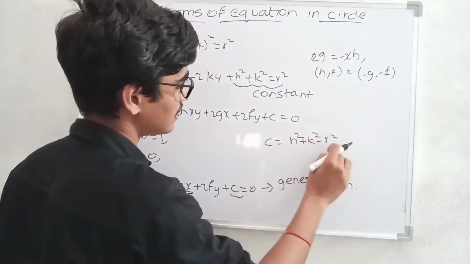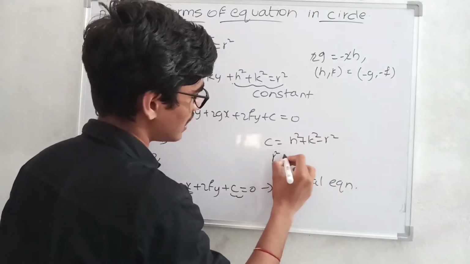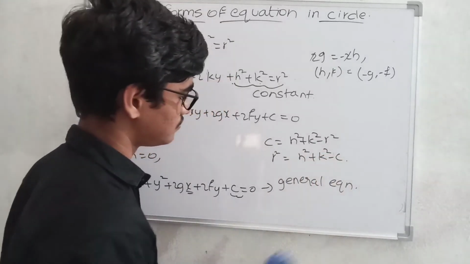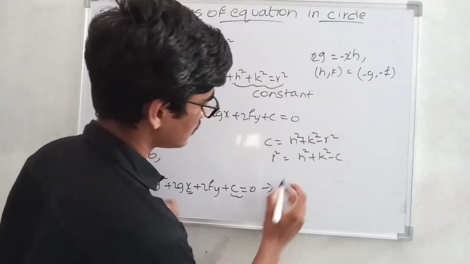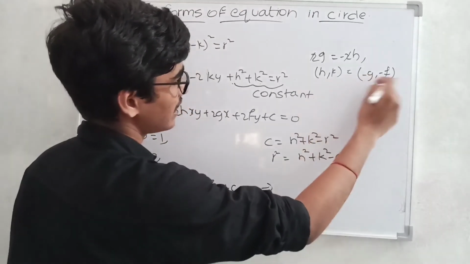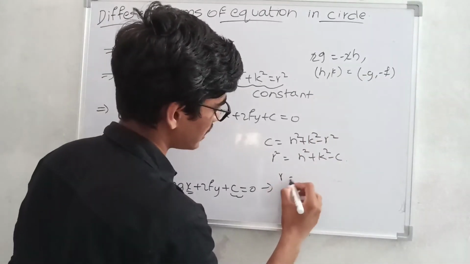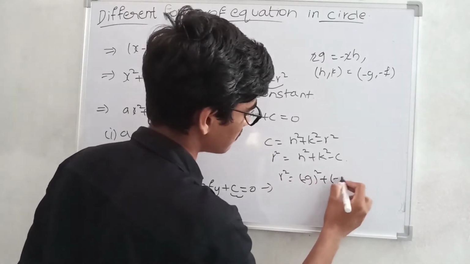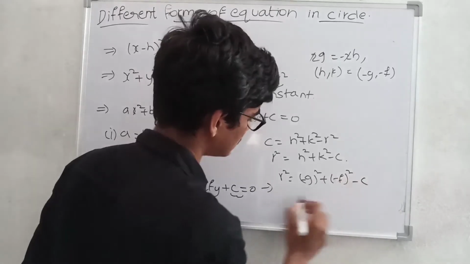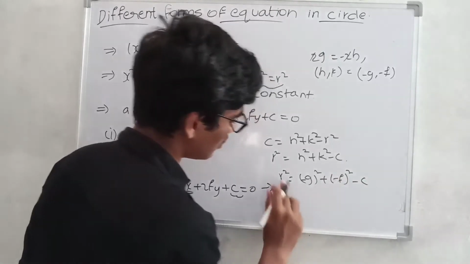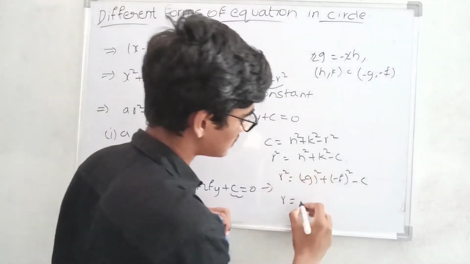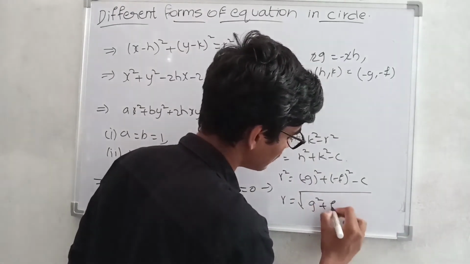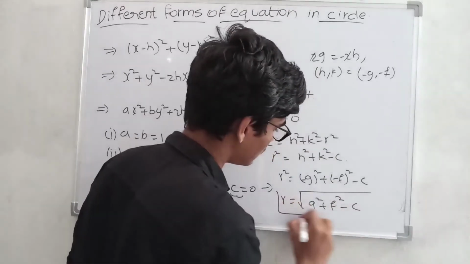Taking r here and c that side, we get r square equal to h square plus k square minus c. On taking h comma k as minus g and minus f, we get r square equal to minus g whole square plus minus f whole square minus c, which, on taking the square to that side, becomes root of g square plus f square minus c.